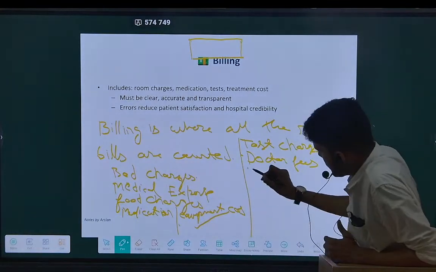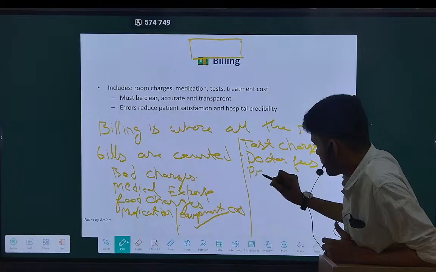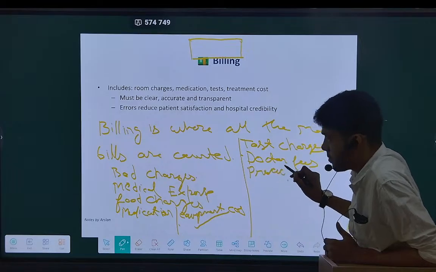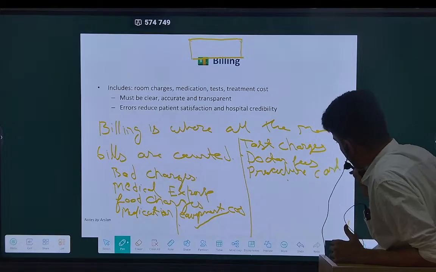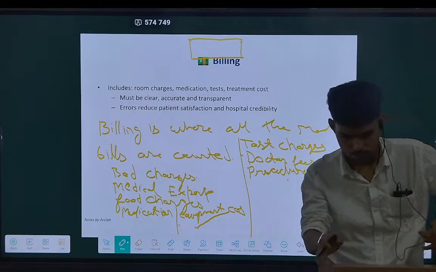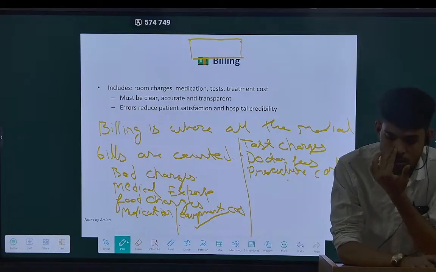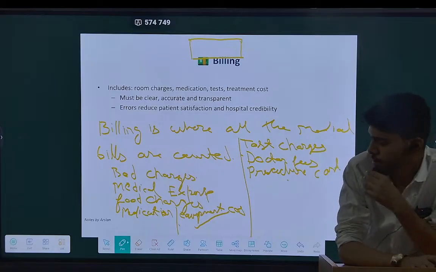Then there is the procedure cost. So what all is there?